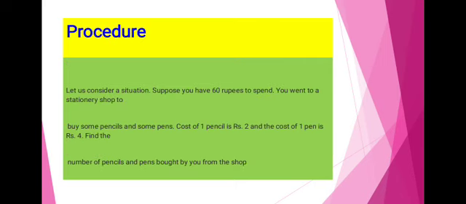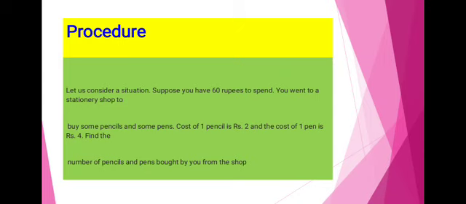Now, consider a linear equation in two variables. Let the number of pencils be x and the number of pens be y. The cost of one pencil is 2 rupees, so the total cost of x pencils is 2x rupees.